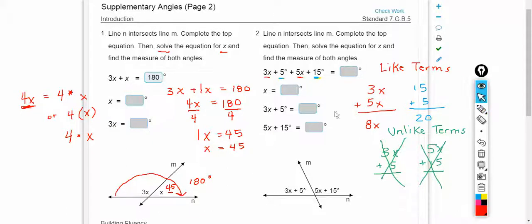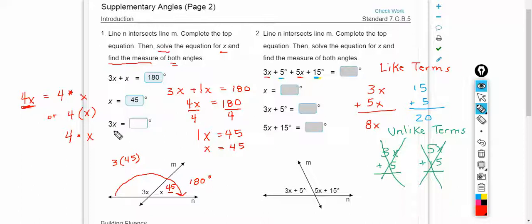Okay, so that's good, but it's not complete. We're not done yet because we only know one angle. Here it says find the measure of both angles. So we only found the measure of one angle, because now we know that x is 45. Well, the second angle is 3x. So 3x is going to be 3 times 45 because we substitute the x.